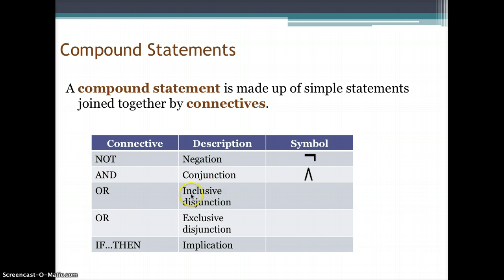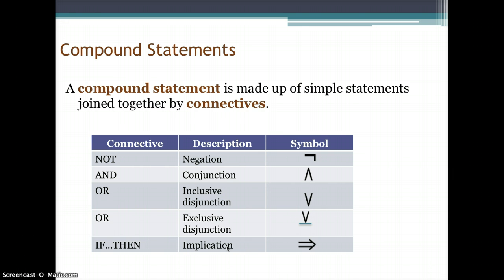The first meaning or description is we can use or as inclusive disjunction, and the symbol looks like V. And then the fourth one, again it's or, but this time there's another meaning for or, which is exclusive disjunction, and the symbol is like V, but there's a line at the bottom. And then the last one is called if then, which is an implication, and the symbol is this.